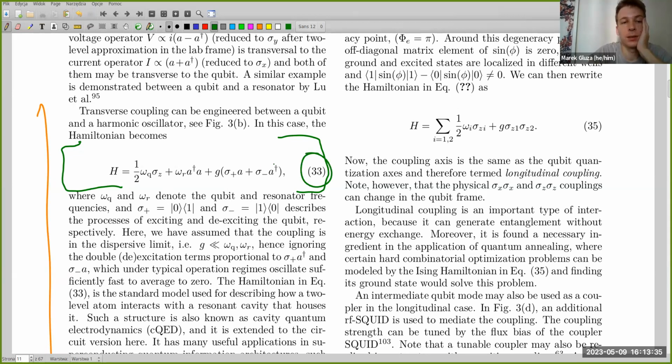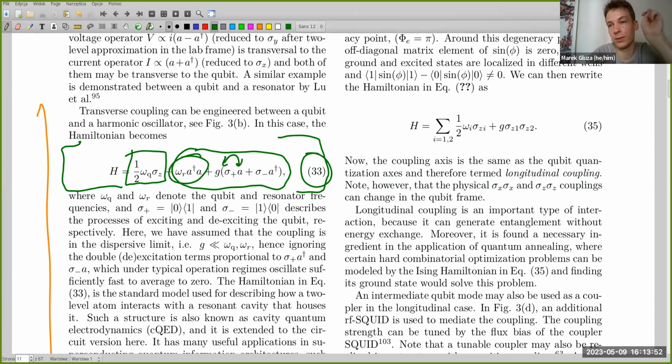What this model is assuming is that the qubit is fully anharmonic, so only two levels, but the harmonic oscillator doesn't have a nonlinearity, so it's fully harmonic. And then this transition of the artificial spin and the photon is actually an exchange of the same medium, so to speak.